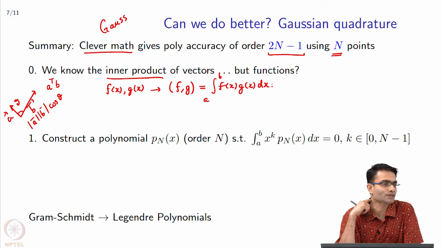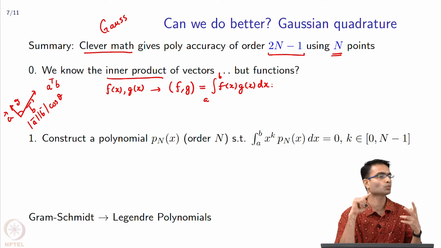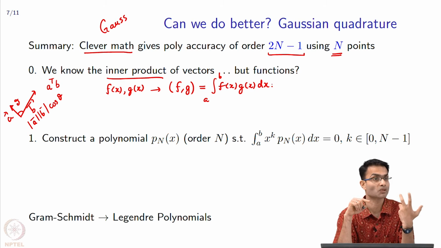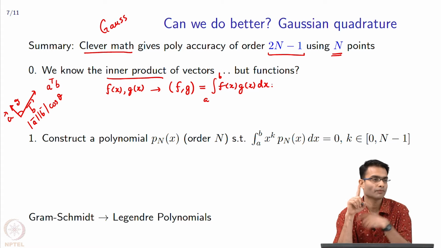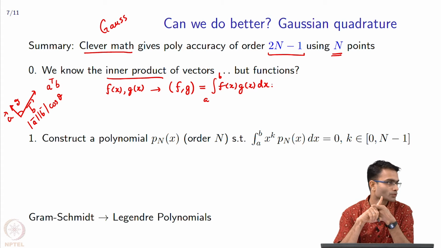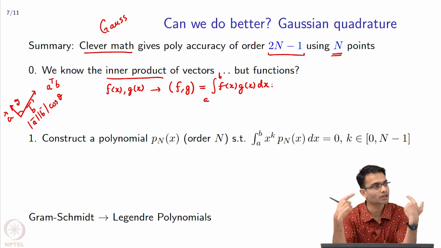In the case of inner product of vectors, supposing I ask you the inner product of two non-zero vectors, supposing it is 0, what does that tell you? The vectors are perpendicular to each other. So inner product 0 when the two vectors are non-zero themselves means that the vectors are orthogonal to each other. If I tell you two non-zero functions have inner product 0, the same terminology applies.